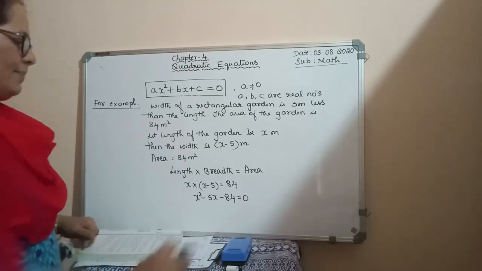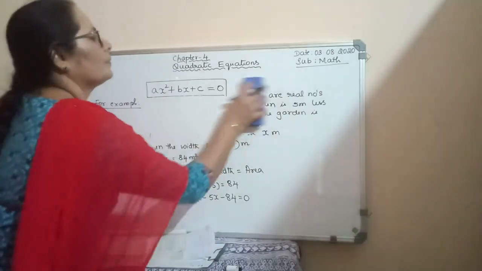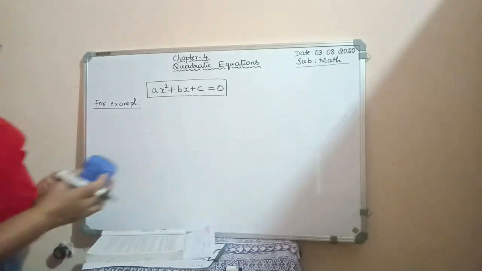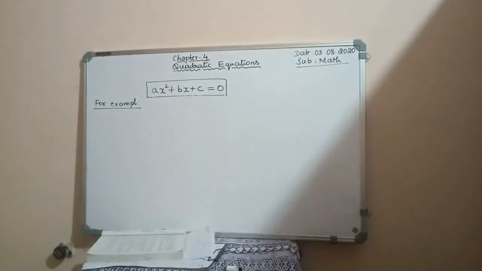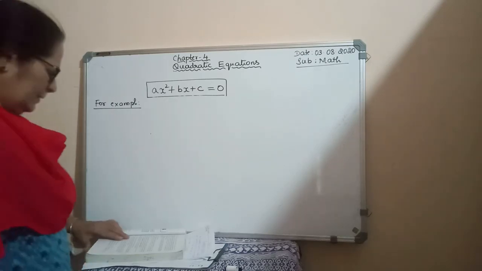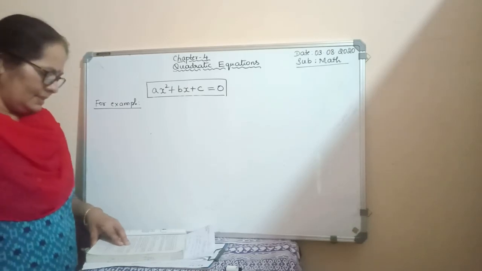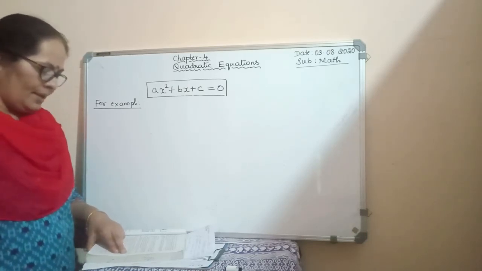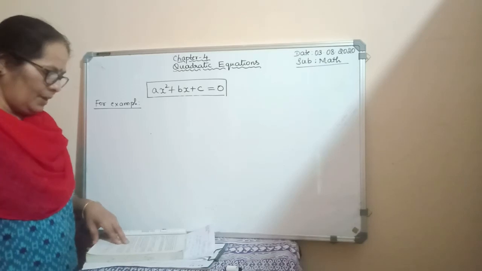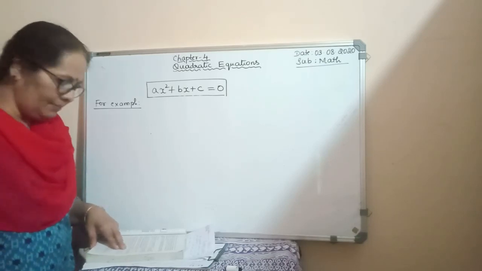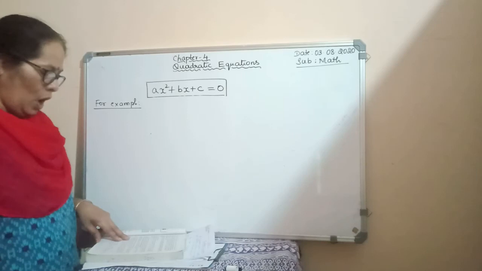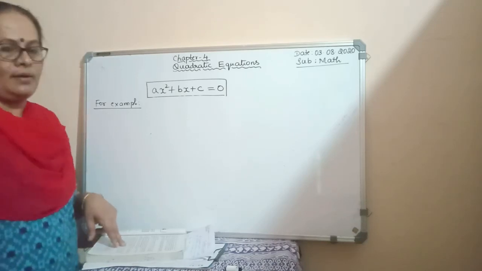We'll take one more example. John and Jeevanti together have 45 marbles. Both of them lost 5 marbles each, and the product of the number of marbles they have is 124. We would like to find how many marbles they had to start with.